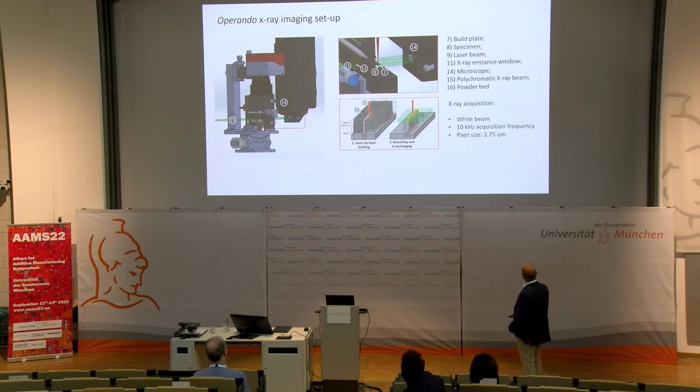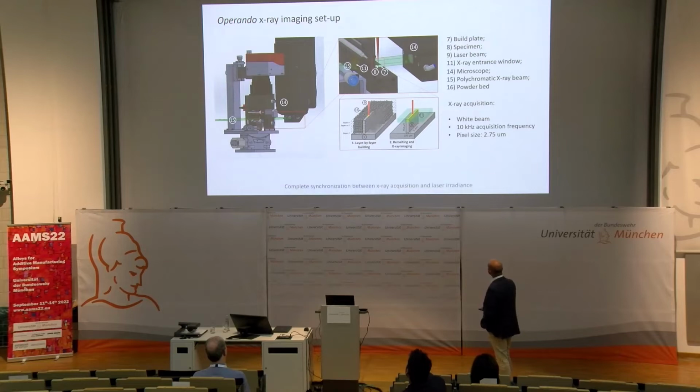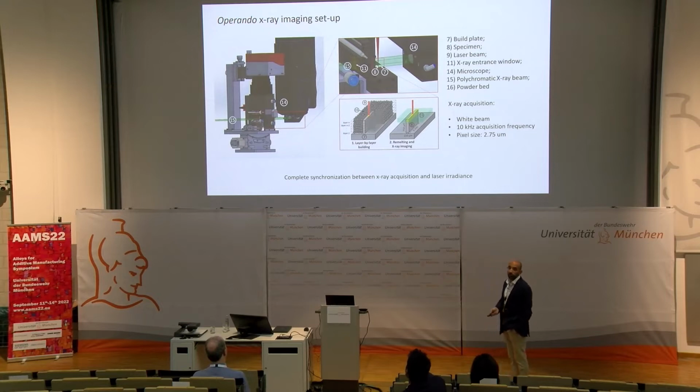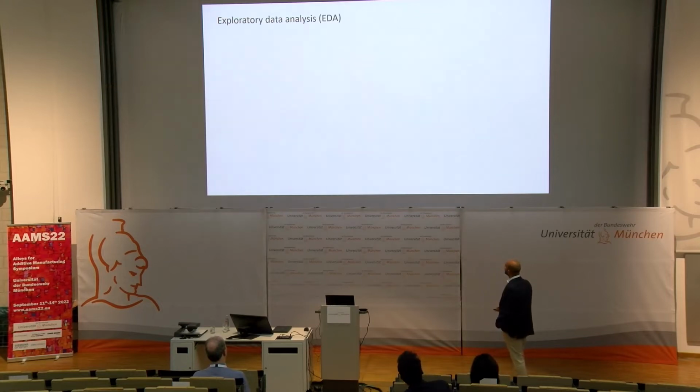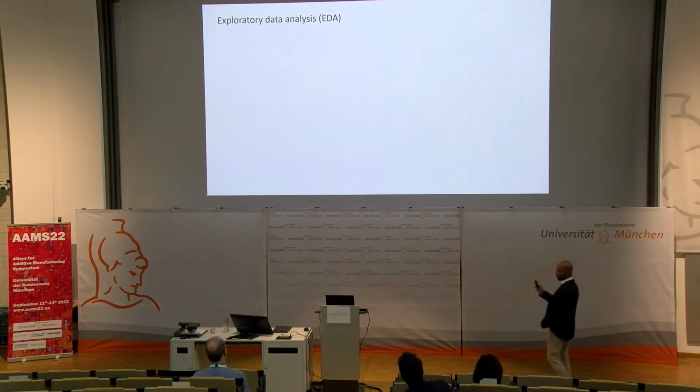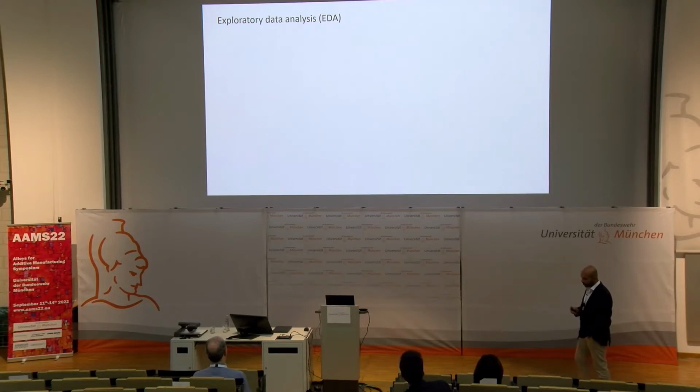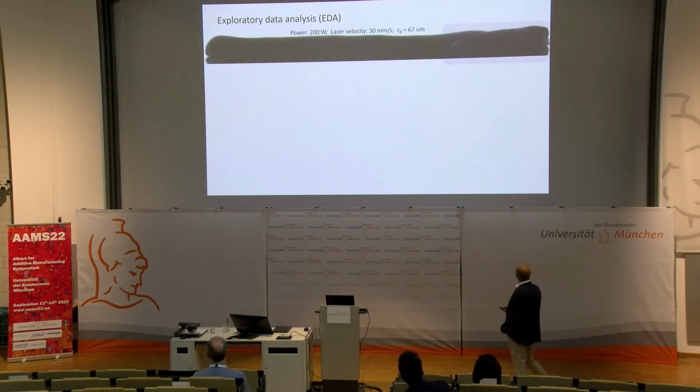Okay, it was a white beam, 10 kilohertz of acquisition frequency, and a pixel size of 2.75 micron. Of course, the X-ray acquisition and the laser irradiance were in complete synchronization from each other. They were triggered at the same time. So doing some exploratory data analysis just by looking at the video, I hope the contrast is good enough.